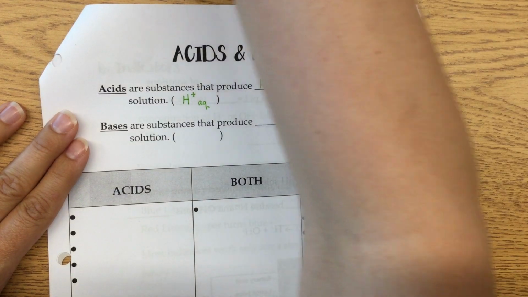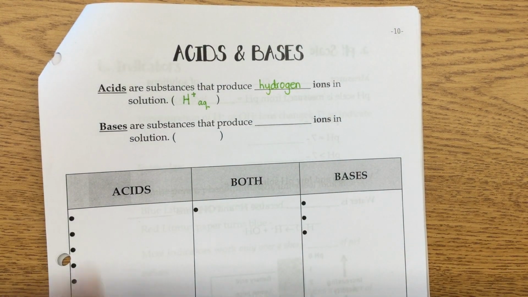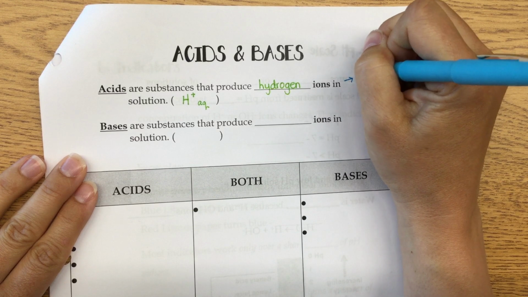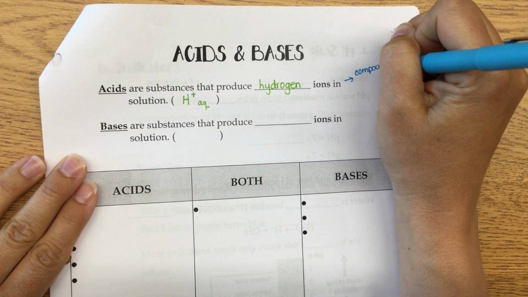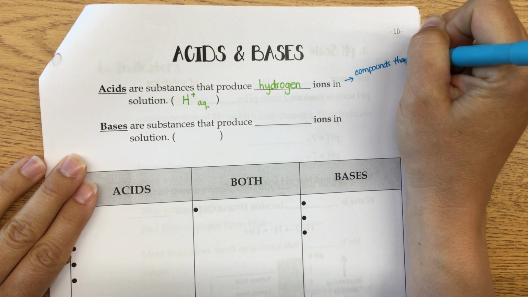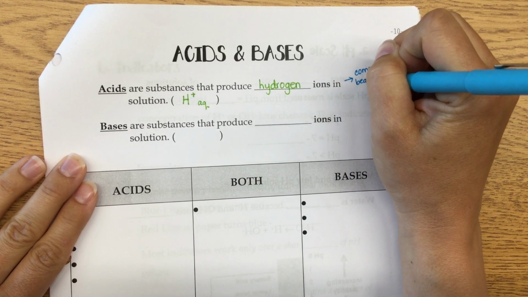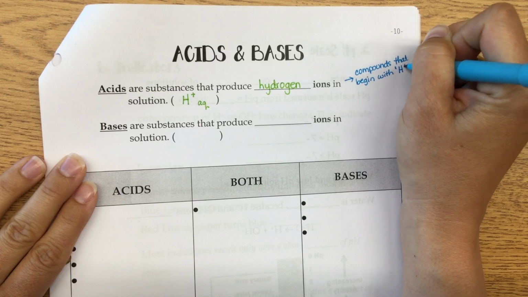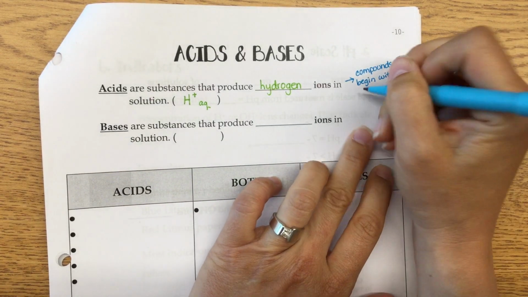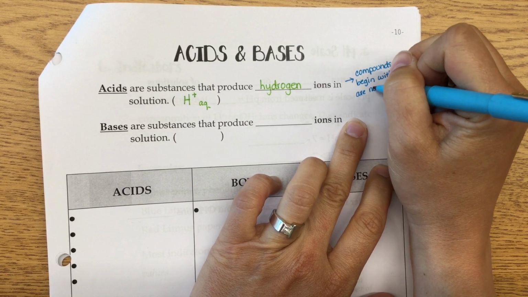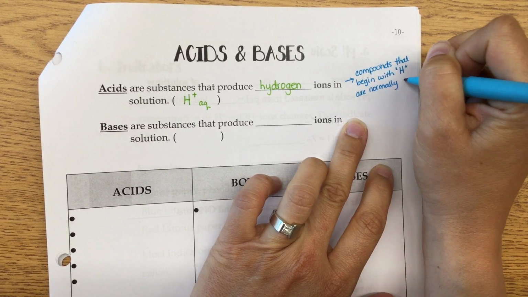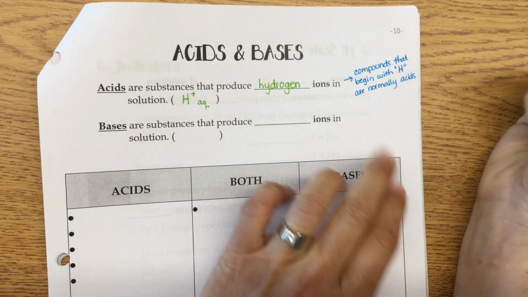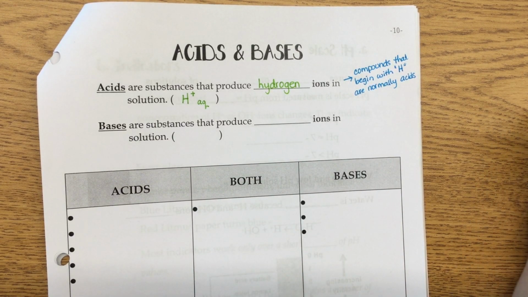Now, hint: compounds that begin with H are normally acids. So not only do you not have to do a test all the time, but you can quickly see if something is going to be an acid or not.